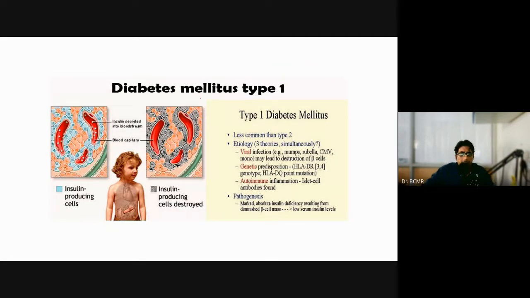Type 1 diabetes is mostly, as I said before, destruction of beta cells. Beta cells are the ones that produce the insulin, the blue ones indicated here. We do not know completely why this happens, but there are three major factors probably involved.